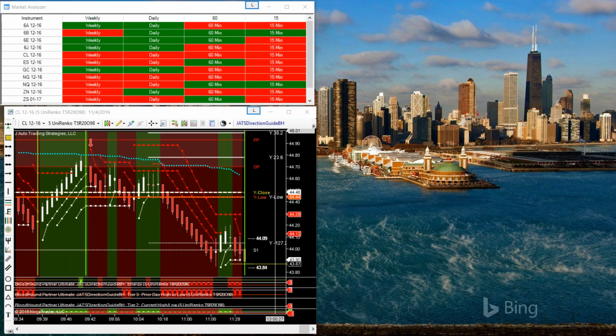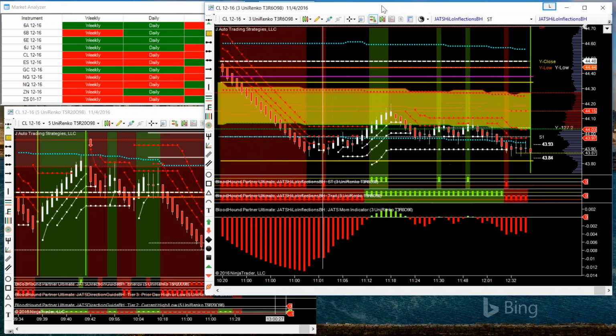Right now to the panel, and you can see very easily what this would look like to take those inflections and try to get positioned using the volatility with that higher time frame trend and momentum to take your lower time frame trades.